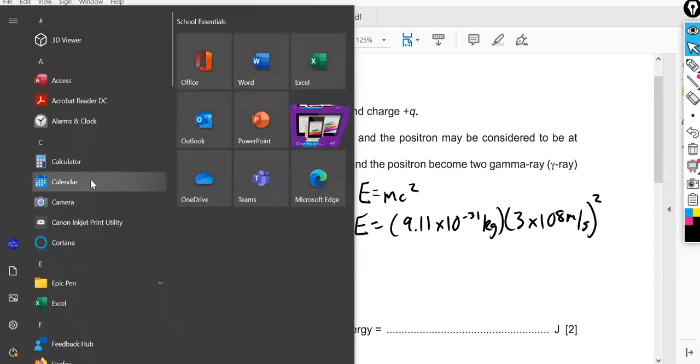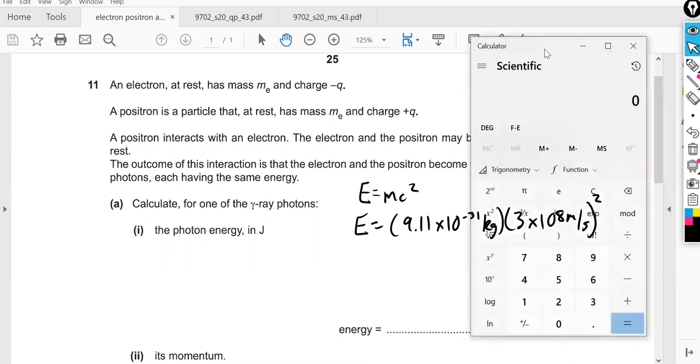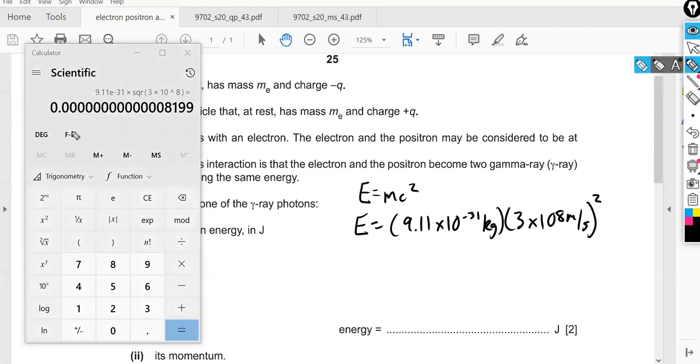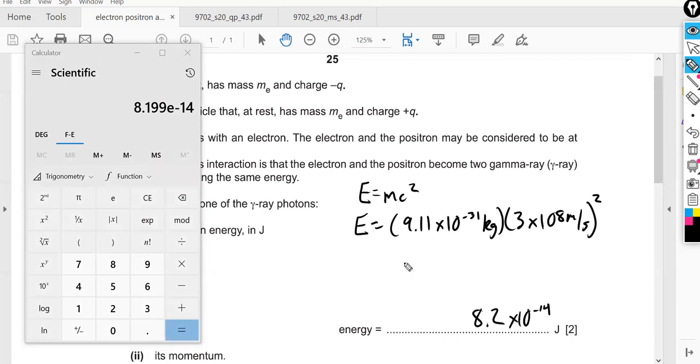Working through all of that in the calculator, we would get 9.11 by 10 to the negative 31, times 3 by 10 to the 8 squared, equals, and so we get for an answer there 8.2 by 10 to the negative 14 joules.